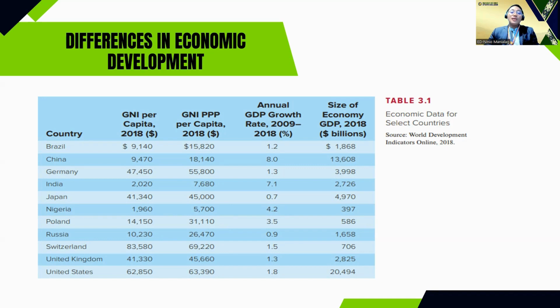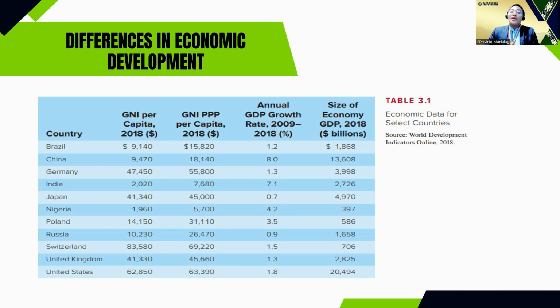So for Germany, with a high GNI per capita of $47,450 and an even higher PPP adjustment figure of $55,800, it shows a strong economy with a lower growth rate of 1.3%, and a total economy size of $3.998 trillion.